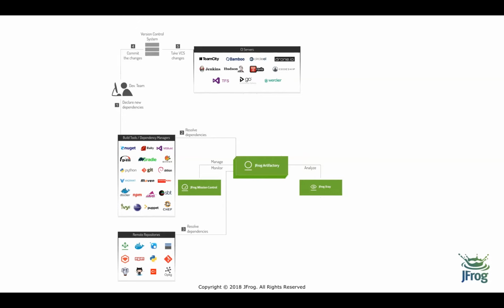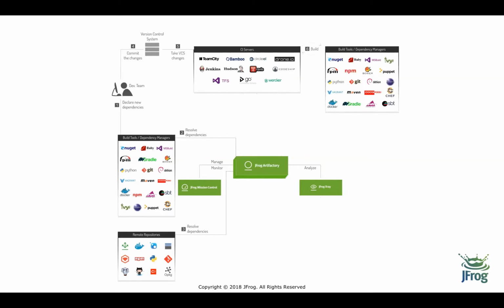In the example I showed earlier, it was using Jenkins as the CI server, but you can use any of the available CI servers, be it TFS if you're in more of a Windows-centric environment, or TeamCity or Bamboo. The first thing that happens with the CI server is that it takes a look at the check-in and the build dependencies that were defined by the developer.